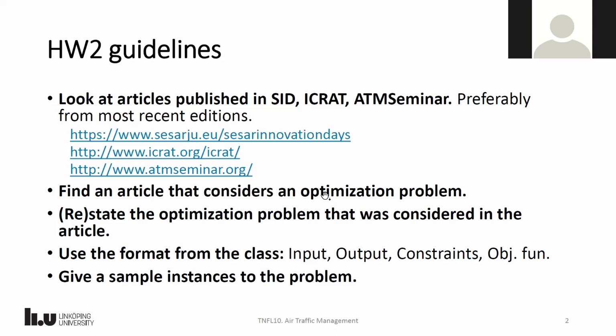After you find this paper that has an optimization problem in it, not all of them do, but a lot of them have optimization problems, you must restate the optimization problem that was considered in the article using the format from this class. This is input, output, constraint, objective function, or the other formulation that was given, find such that, and minimizes, and so on.